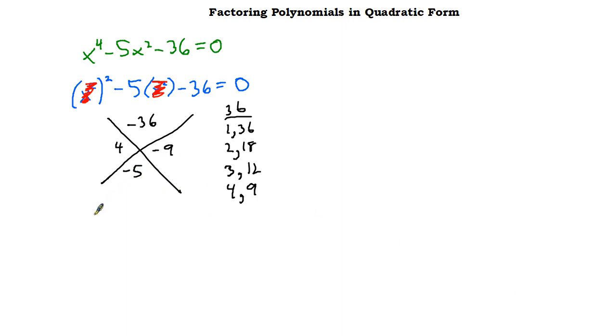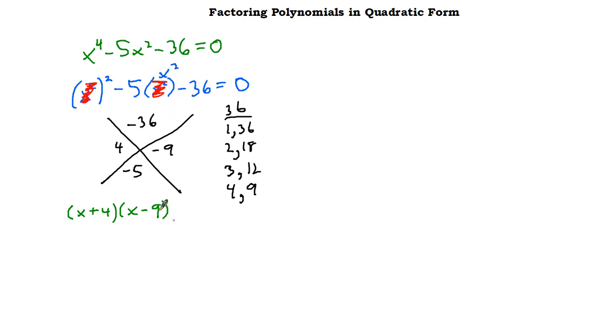Now, the only thing here is that normally what we would do is we would write x plus 4 times x minus 9. But in this case, we know we don't really have an x. In other words, this x is not really an x. If we could lift that up, what we really have under there is an x squared.